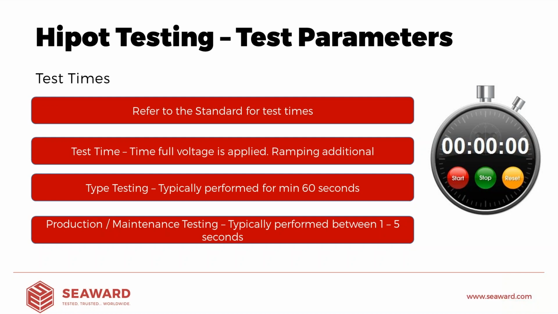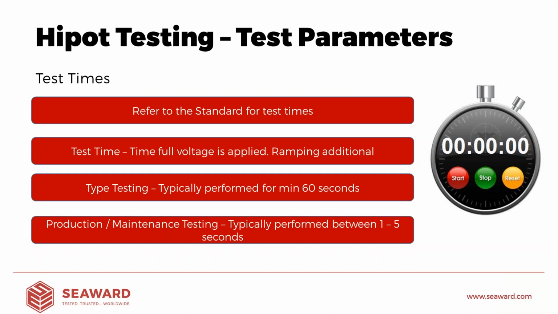As a general rule of thumb, if we're testing in a testing type environment, the R&D world, the test is typically performed for a minute, 60 seconds plus, up to roughly 2 minutes, dependent on the standard. For production or maintenance testing, that test is generally much shorter.